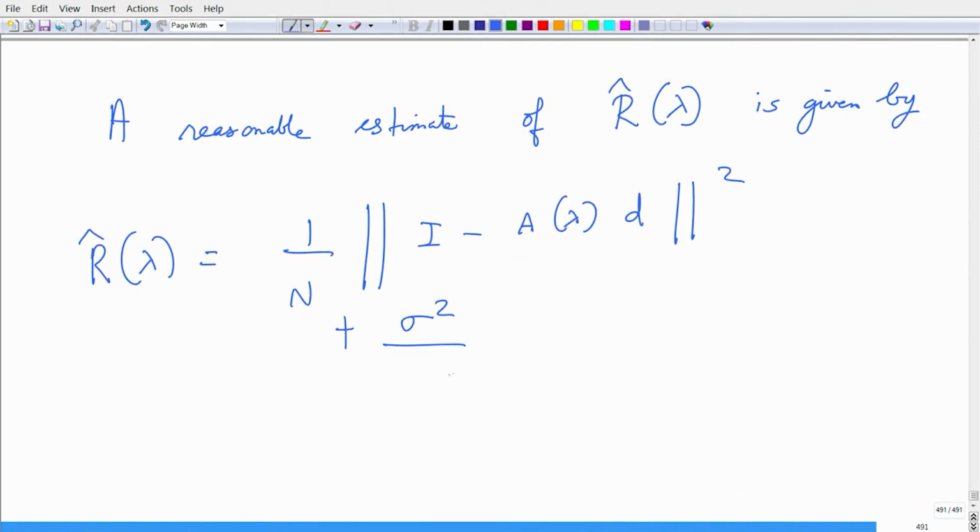So, I have to include an additional term. So, let me put this in final form, and I will leave this as an exercise for you to show that this estimate is essentially unbiased.